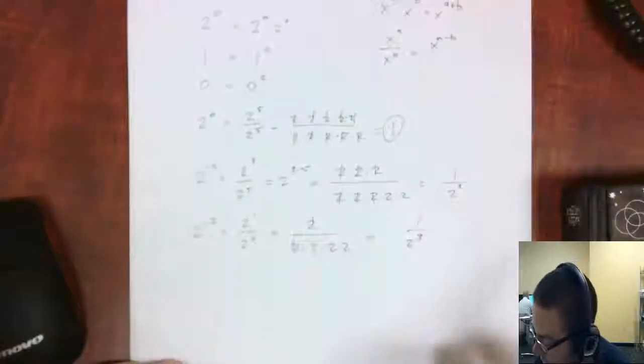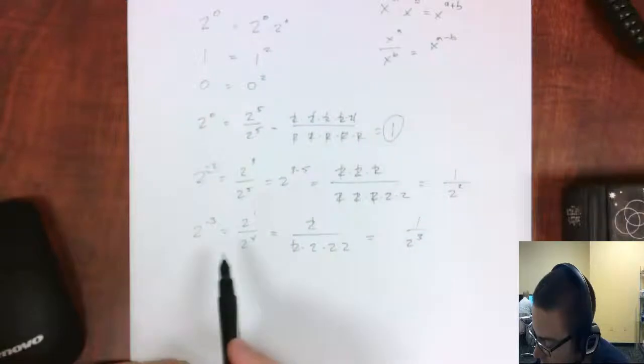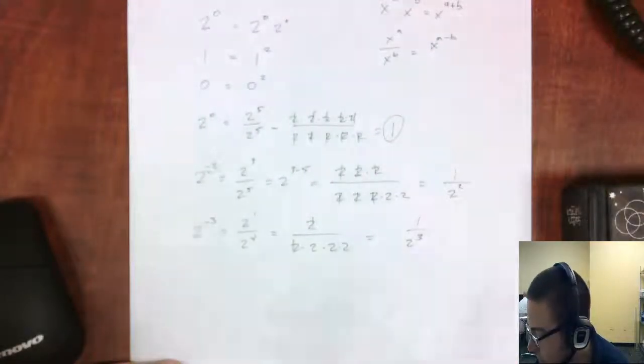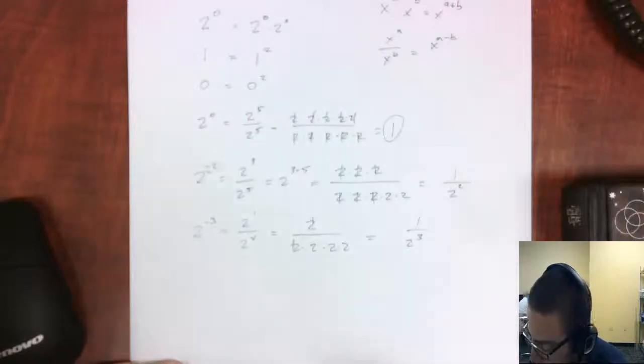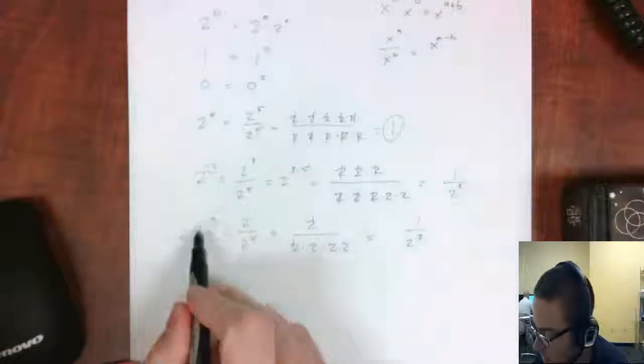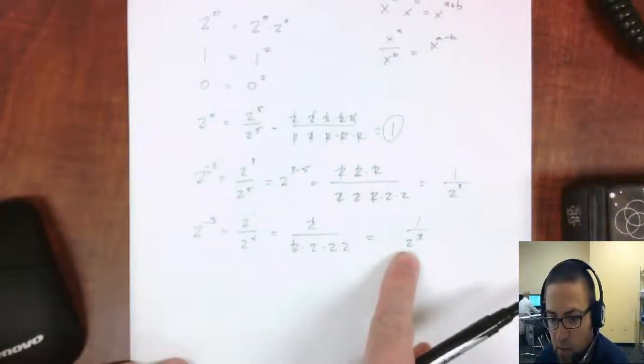Do you start to see the pattern here? 2 to the negative 2 is the same as 1 over 2 squared, and 2 to the negative 3 is 1 over 2 cubed. So I think I see the pattern here: when it's negative, we can drop it down and make it a positive exponent.